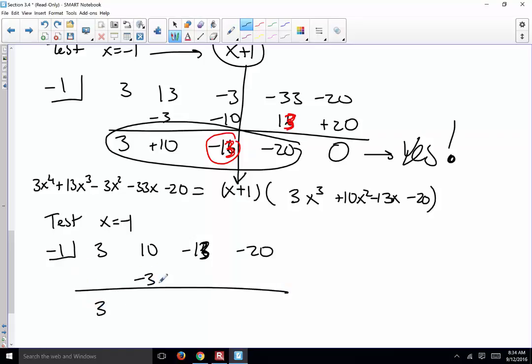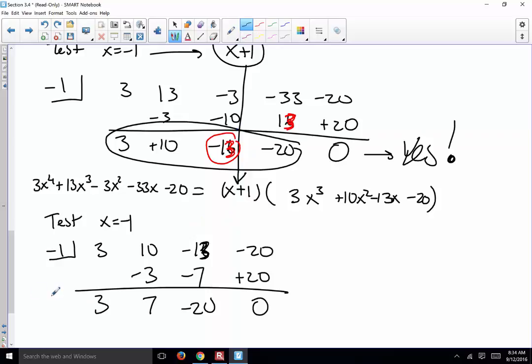Three, minus 3, minus 13, positive 13, 0, 0, no. I made a mistake again. Slow down. I need to slow down actually. You're fine. Minus 3, 7, minus 7, minus 20, positive 20. Yeah, there you go. This is a 0 one more time.